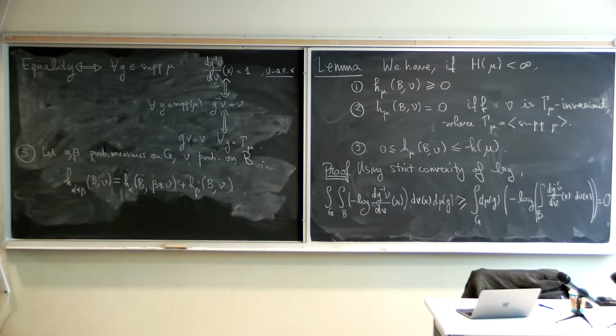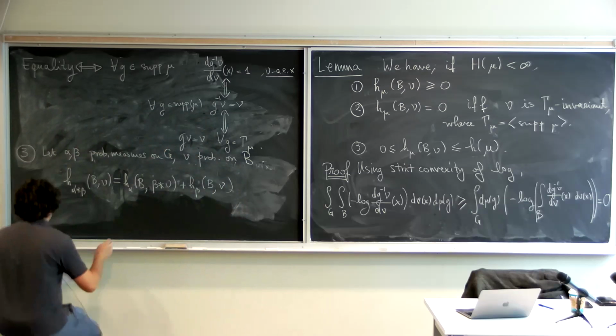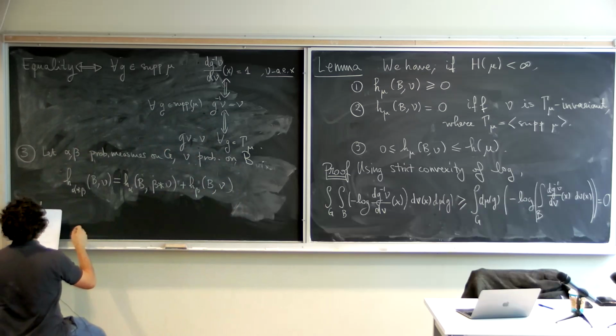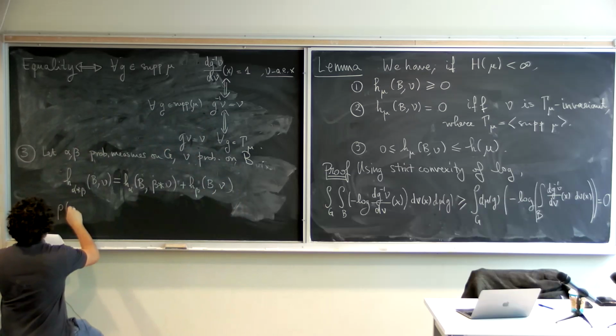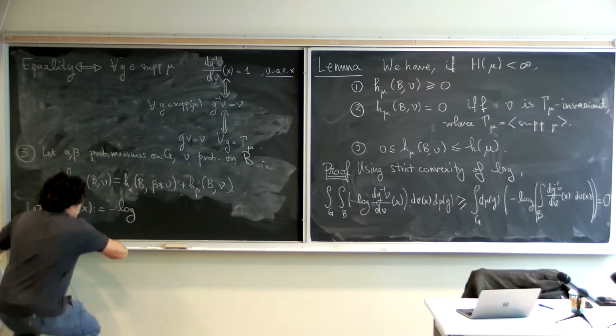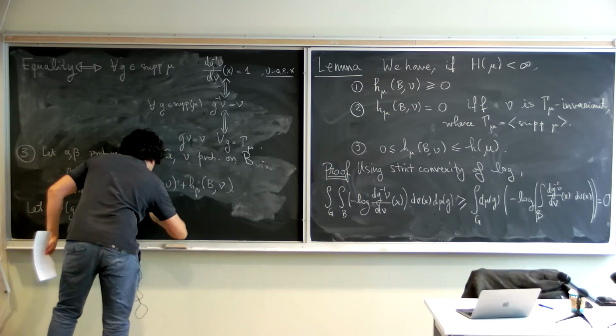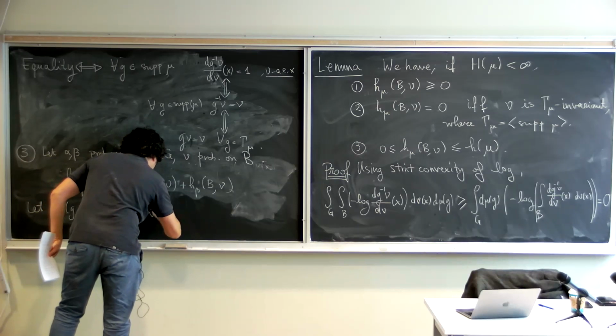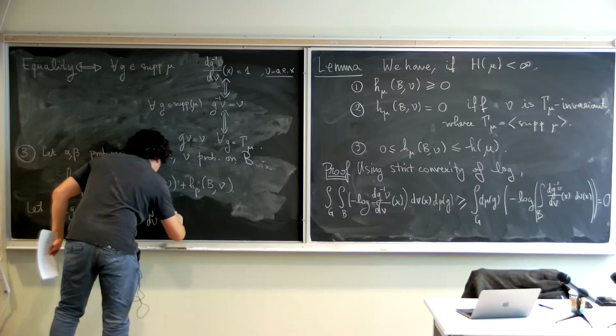So this is by just writing the log, splitting the log. So let's see how to do it. To prove that, we say that rho of g x is indeed minus log of d g inverse nu over d nu of x.